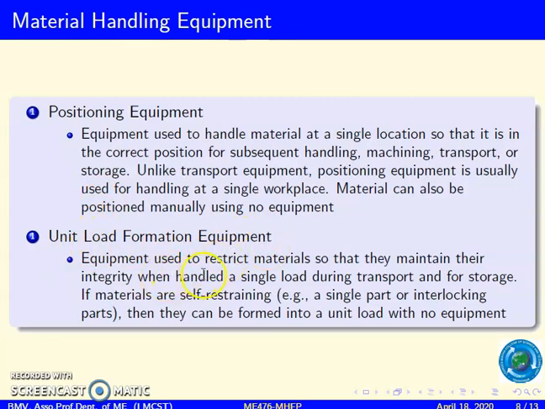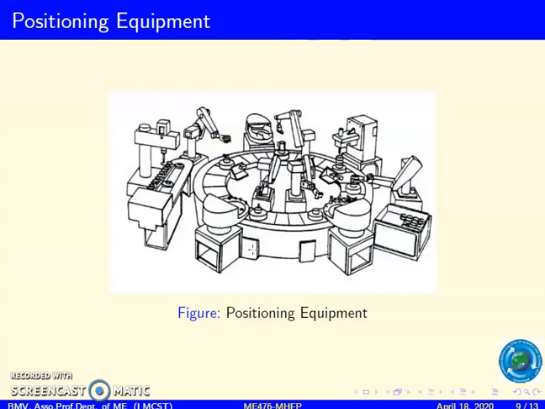The equipment is used to restrict materials so that they maintain their integrity when handled as a single load during transport and for storage. And this figure shows the positioning equipment, that is a rotary index table.